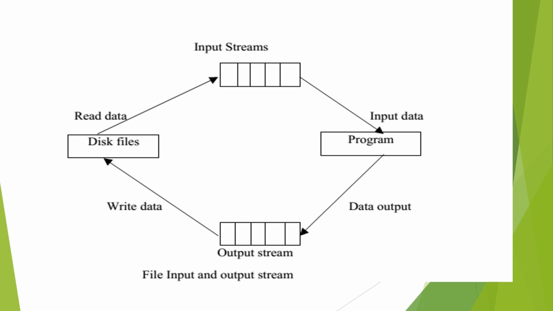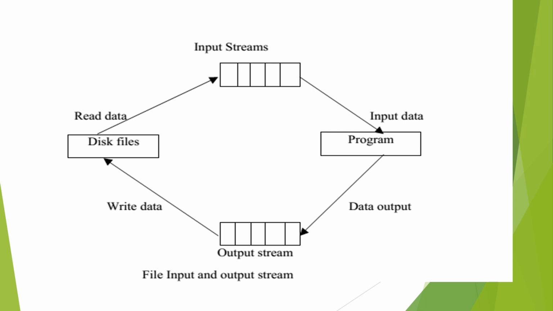All the files are stored in the disk files. From the disk files, we are reading data as input data. The flow of data from the disk files to the program is known as the input stream.